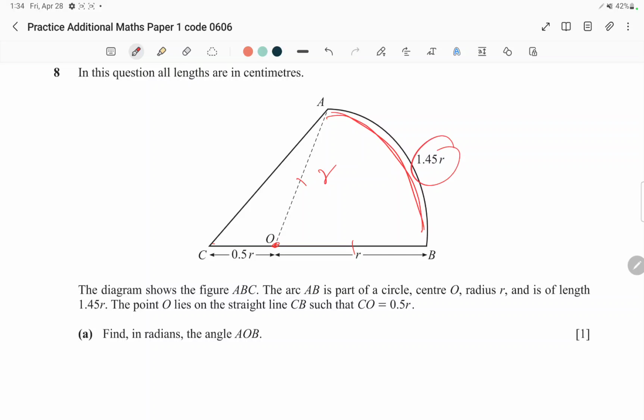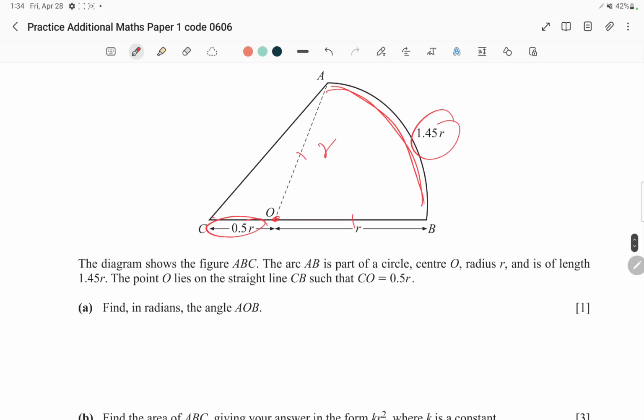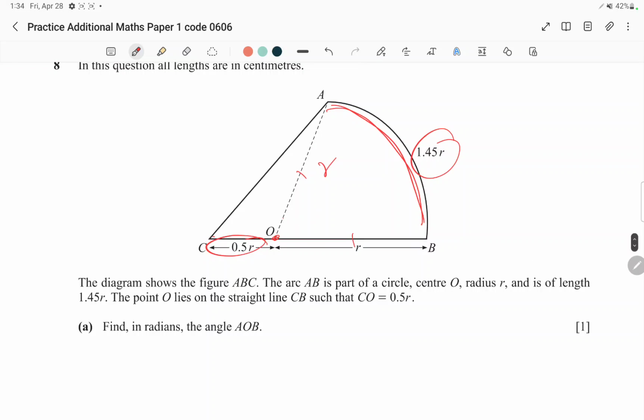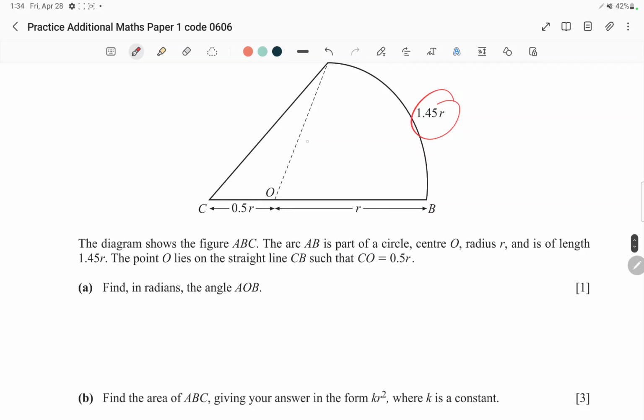The point O lies on the straight line CB such that CO is 0.5R. Find in radians angle AOB, this angle. Okay, no problem. If all information is available, we can easily find that.